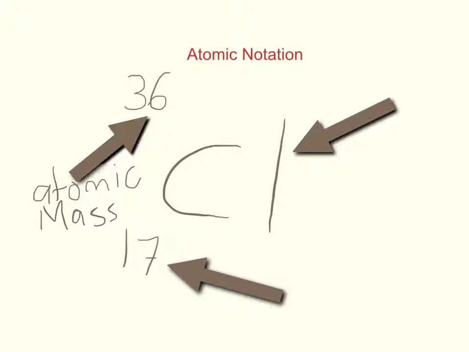This number right here is called the atomic number. And this whole letter, C and L, is the symbol for chlorine, like carbon in there. Symbol.